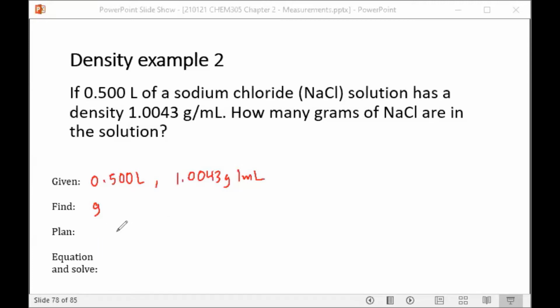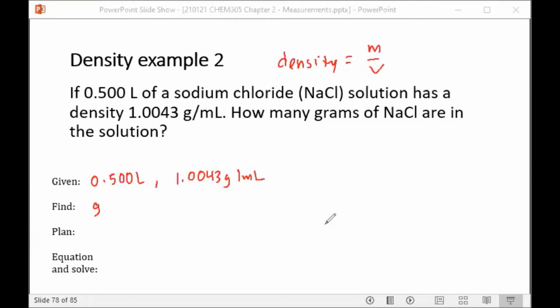So our plan is going to be to use the equation for density to solve for the mass part of that equation. Density equals mass over volume. We're given the volume and we're given the density, so we can solve for the mass.